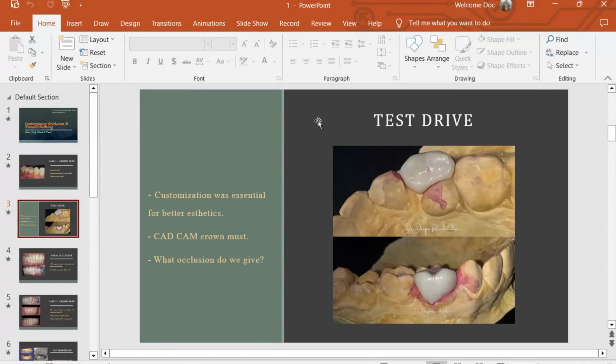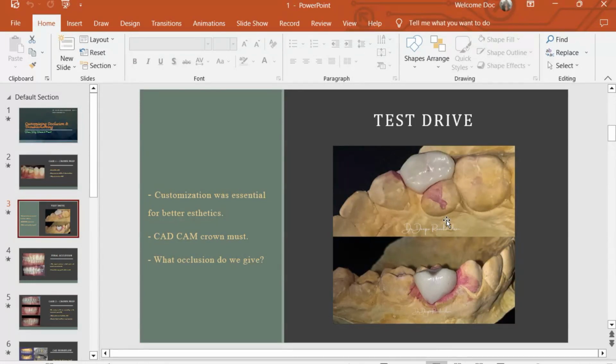Now, one of the questions that even the patient asked me in this case was, why not just extract this tooth, which is 2.5? Okay. The reason why we could not extract 2.5 in this case was because it was 2.5 that was in occlusion with the opposing premolar, not 2.4. So it was 2.5 that was in centric occlusion, in position of maximum intercuspation with the opposing premolar.